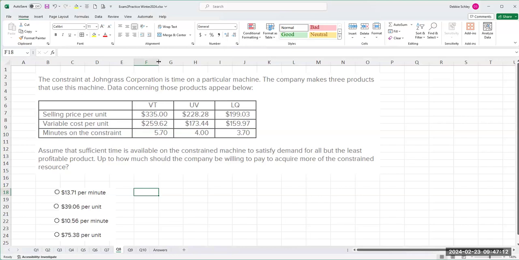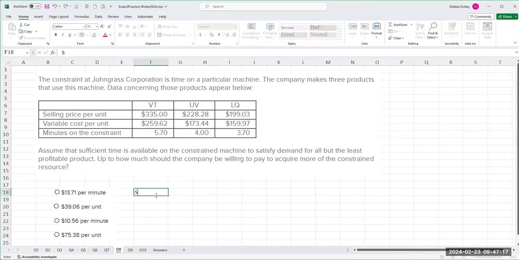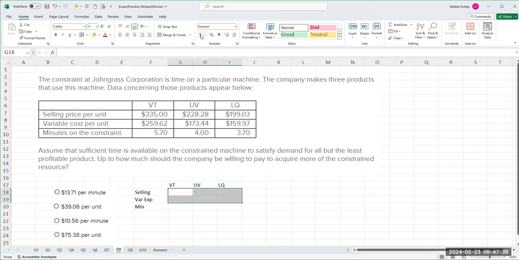I will bring down my information. So my selling price, my variable cost or expenses, and my minutes on this constraint. My products are VT, UV, and LQ. So these are going to be dollars.